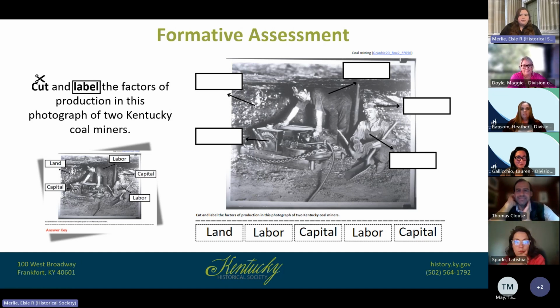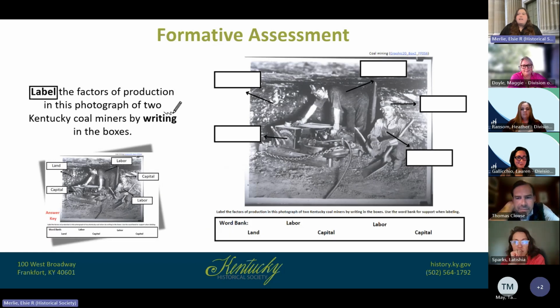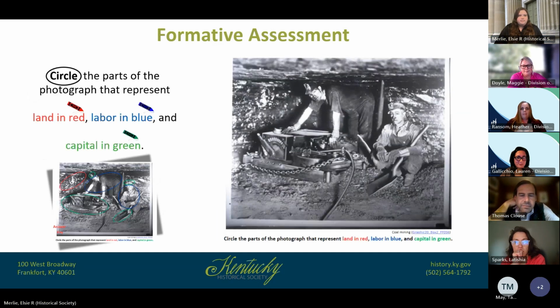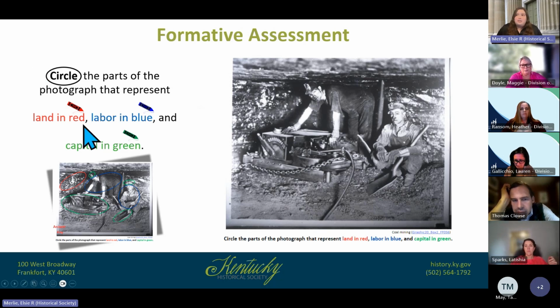So we have our cut and label. We have a label where they're writing in their answers with the answer key there. And then we have, similar to the second slide that you saw with a different image, they would be circling the factors of production they see in this photograph. I very much enjoy this photograph because it's very crisp, it's very clear. Circling in red, the land that they see, so it would be the coal.